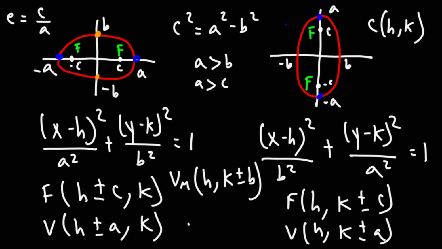And for the graph on the right, it's h plus or minus b comma k, which is the vertices here. Now, if you want the other formulas like the domain, the range, the x and y intercepts, you can find that in the formula sheet.